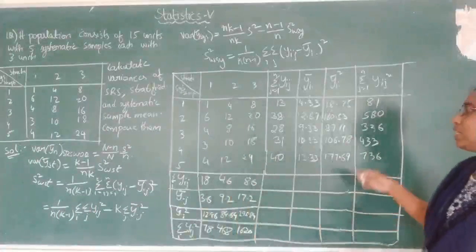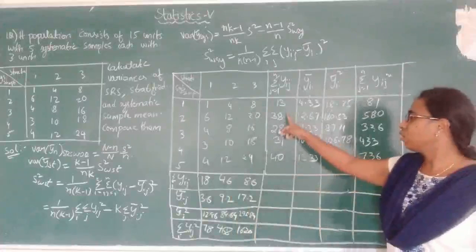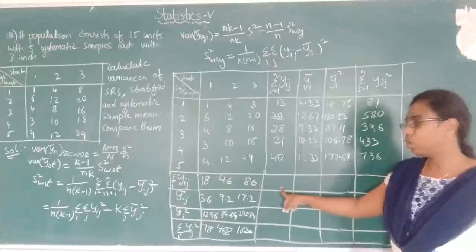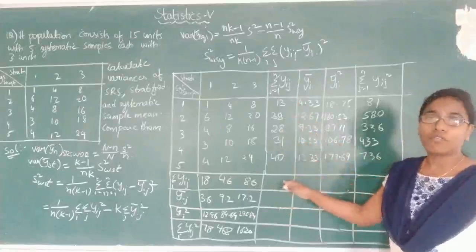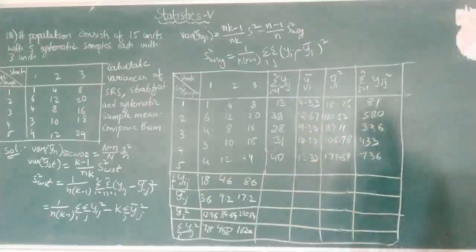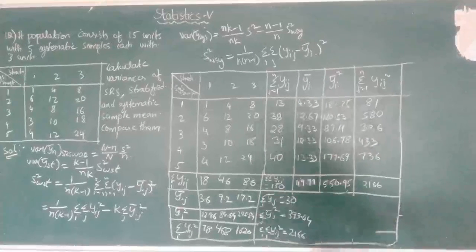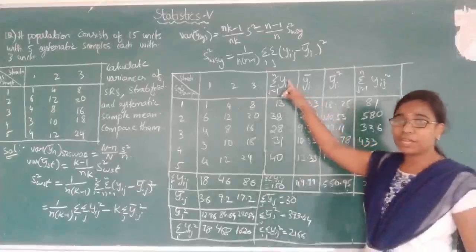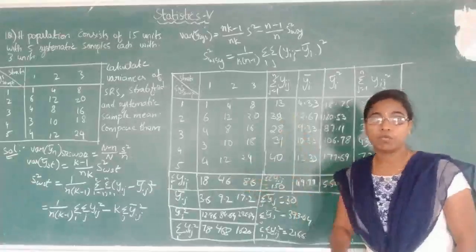Now what you do is find out the totals. If you find the total row wise and column wise, you will be getting the same value, that is, the summation of Yij is always the same. Now find out all the totals. The summation over Yij, that is the row total or column total, will be the same.